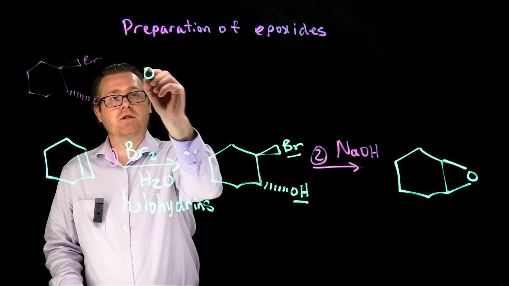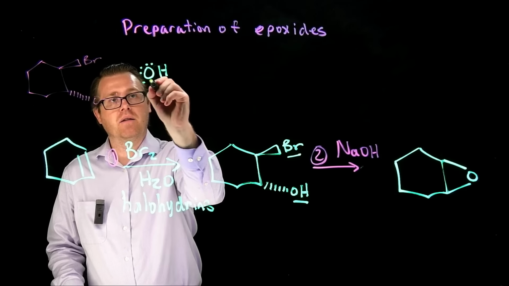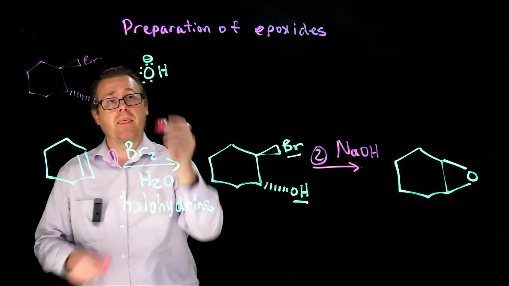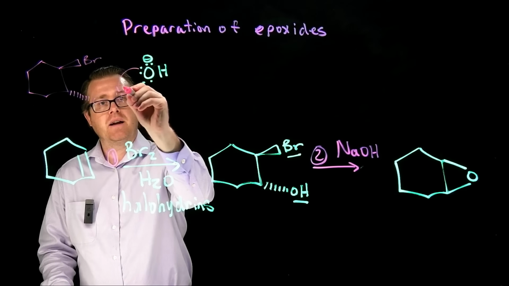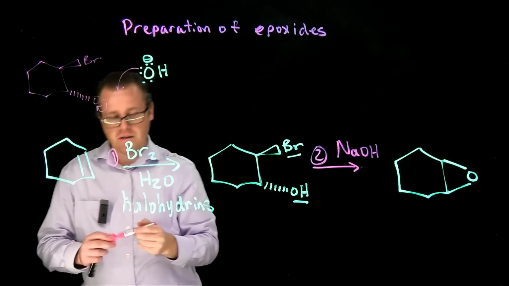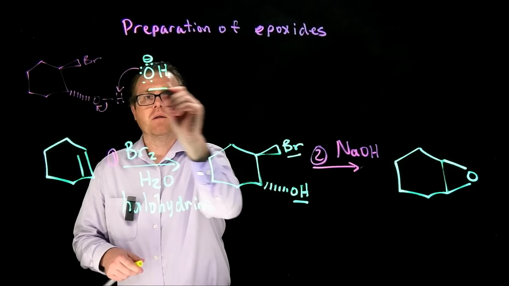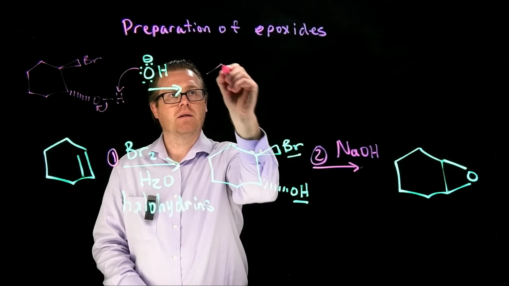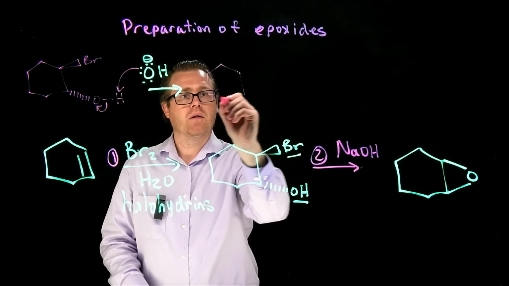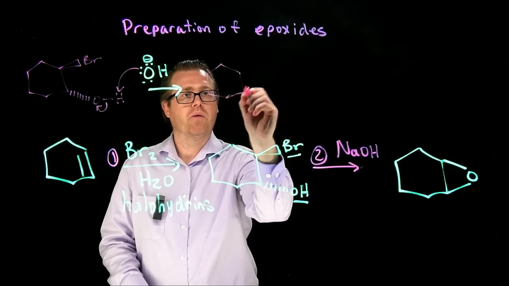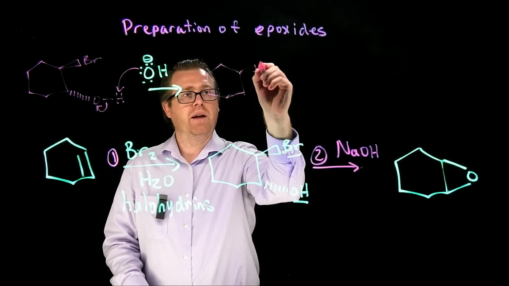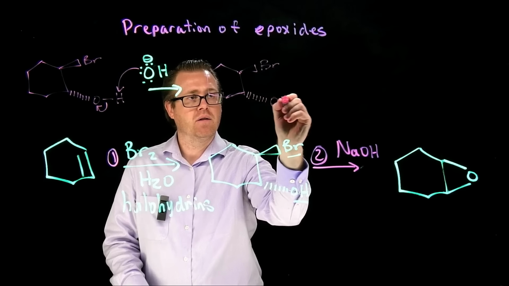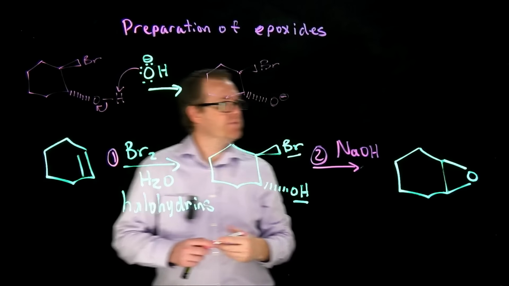When we add our sodium hydroxide, the hydroxide acts as a strong base that can come and abstract that proton like so. And that's going to give us our bromine as a wedge. Now our alkoxide is negatively charged.